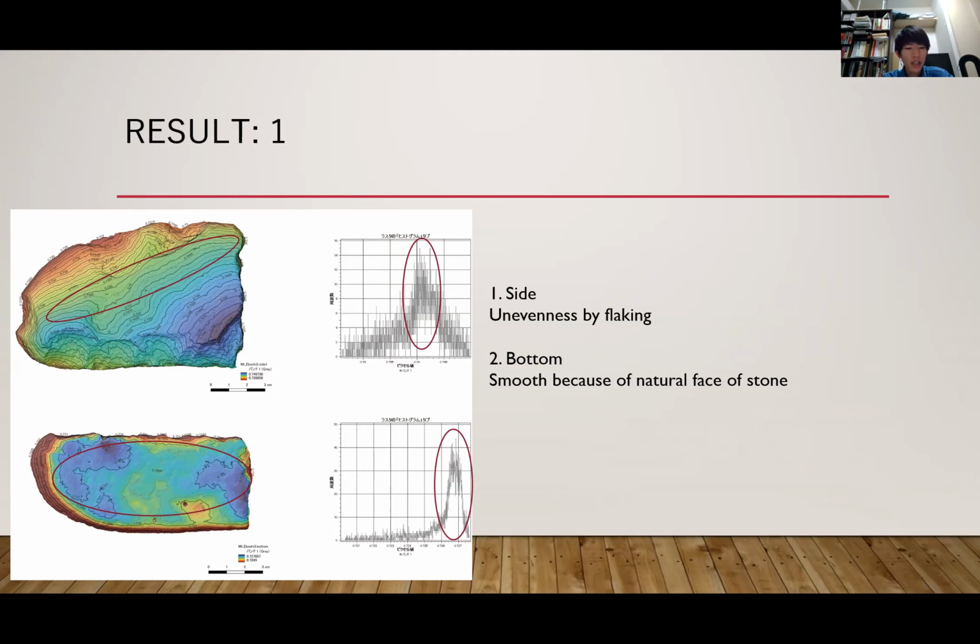The side of the first stone implement was flaked from the edge in the centripetal direction. The bottom is a natural surface. The gradient tint diagram and histogram show that the side is uneven, but the bottom is flat.